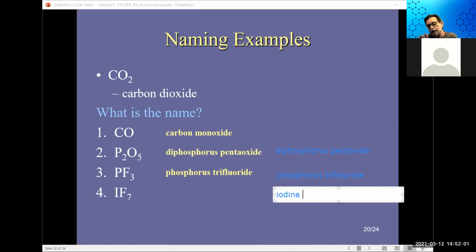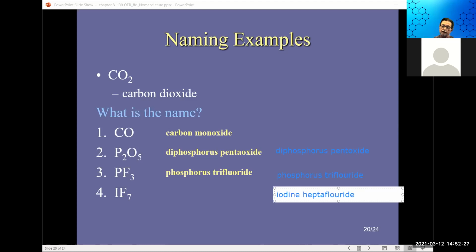Then, immediately following the iodine are what we would think are the fluorines, but they are bonded to iodine. So those, as we did in the previous one, are fluoride. And we go back, there's only one iodine, and we hit the fluorides with the prefix hepta.